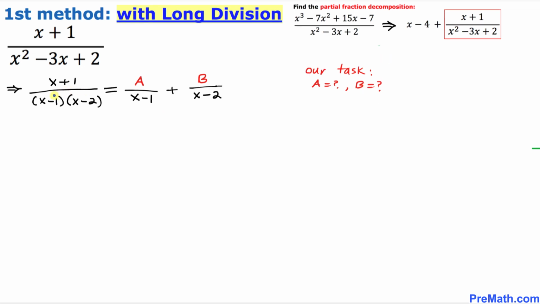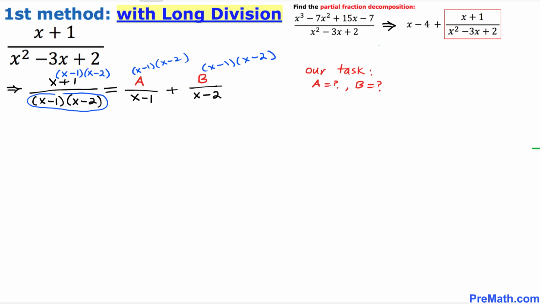Now let's focus on the denominator, this part, x minus 1 times x minus 2. We are going to multiply this, whatever this stuff is, across the board. I'm going to multiply x minus 1 times x minus 2 with each and every fraction.